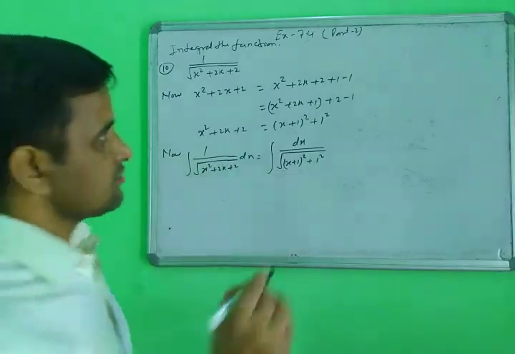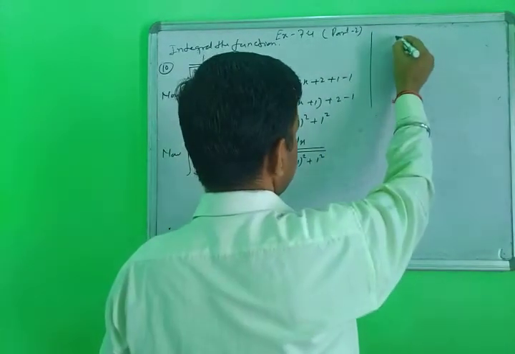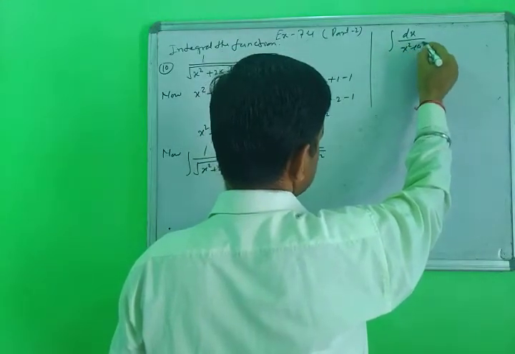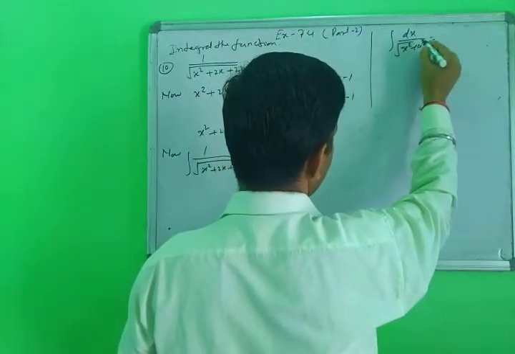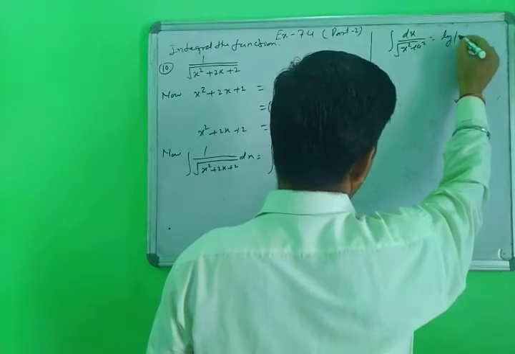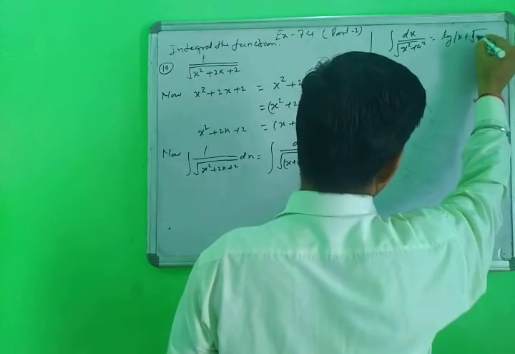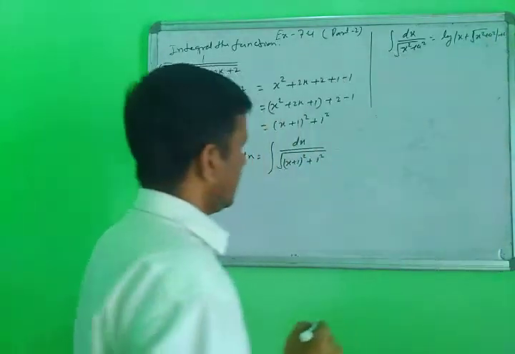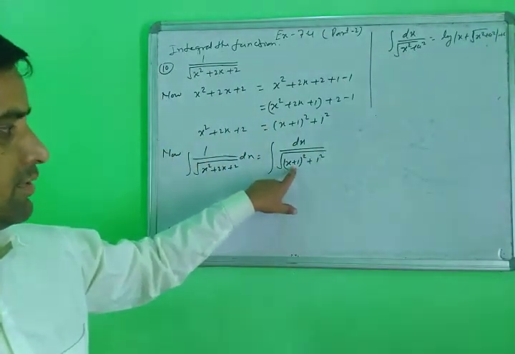This is converted to the form of integration of dx over x square plus a square, in square root form. Then you can write log x plus root x square plus a square plus c. Now you will substitute the value.